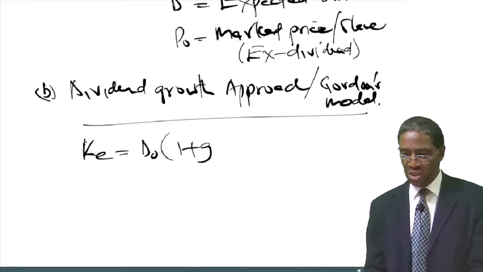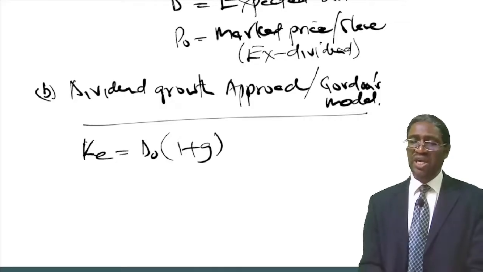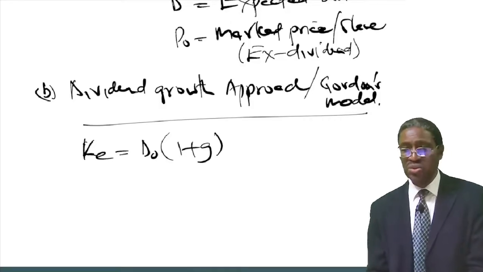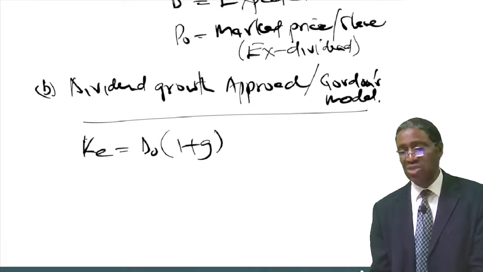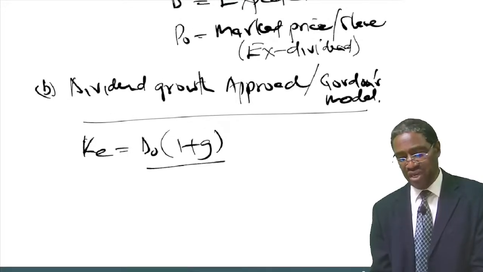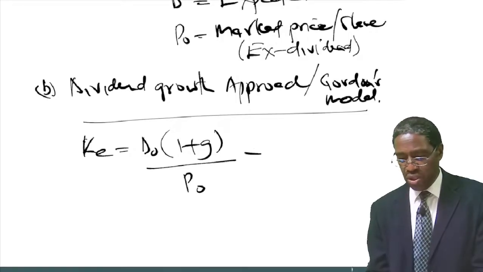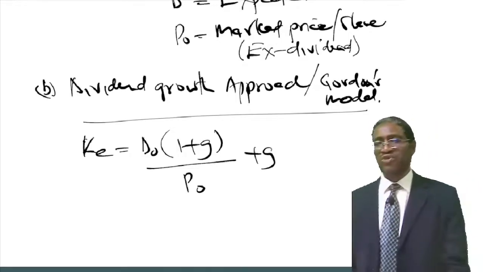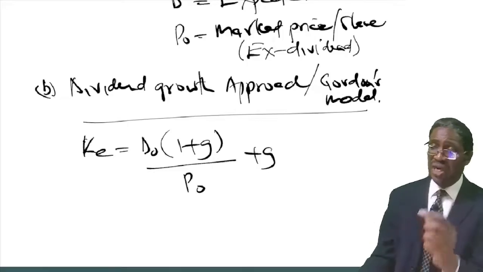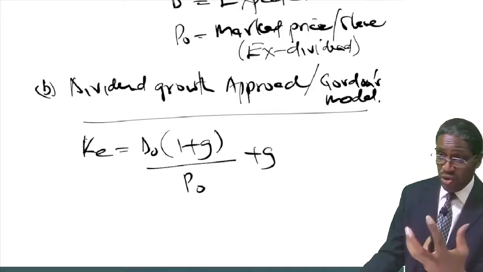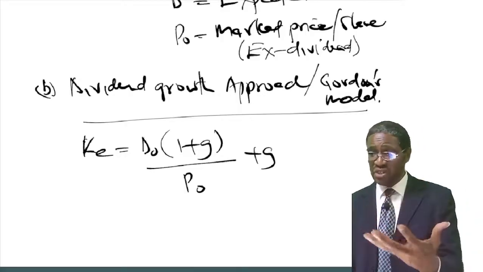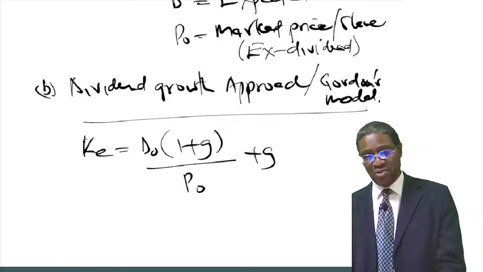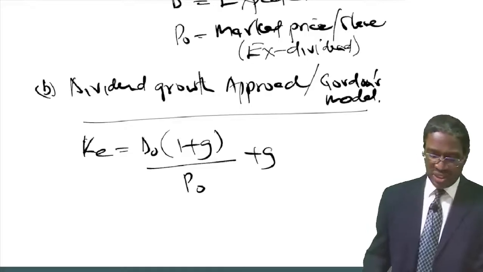Then you can now quote the formula. KE equals D naught into 1 plus G, divided by PO, plus G. I've told you there is a way to derive this formula when you incorporate the growth rate, but for now, we don't need to know how to derive this. You just need to understand it.